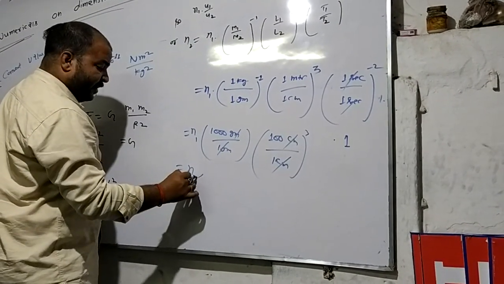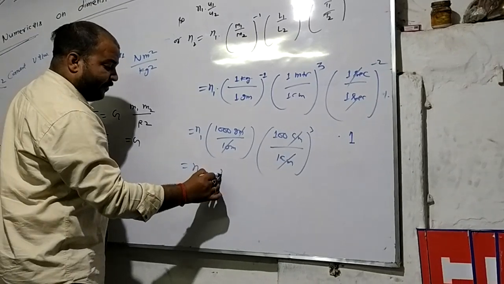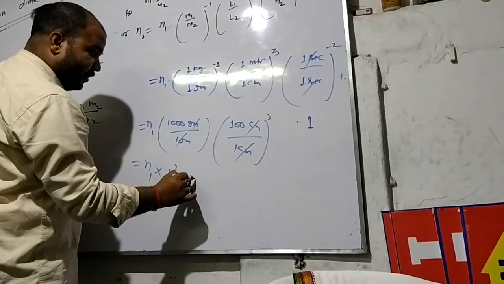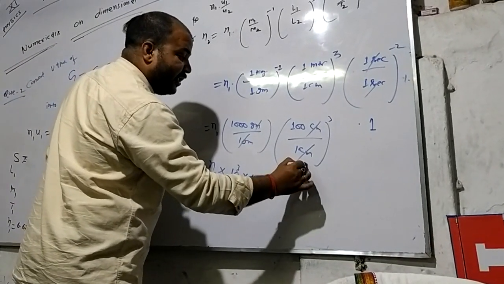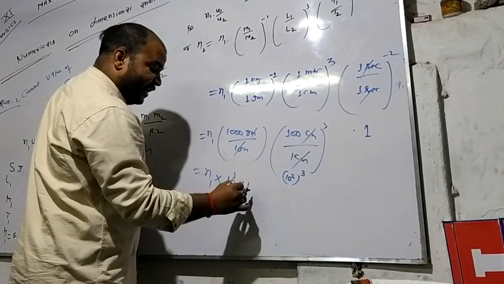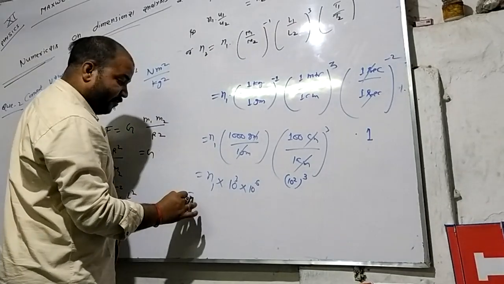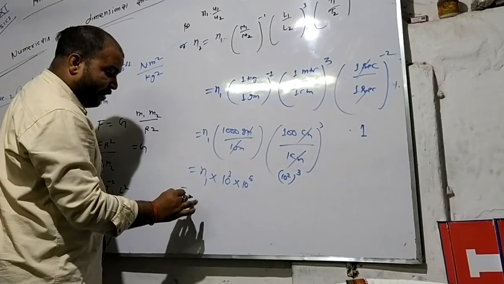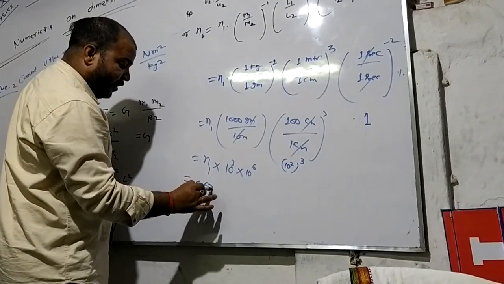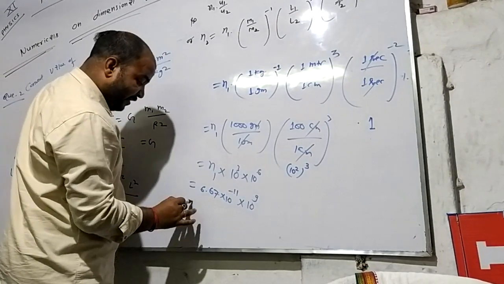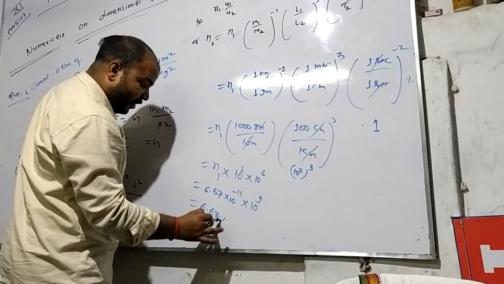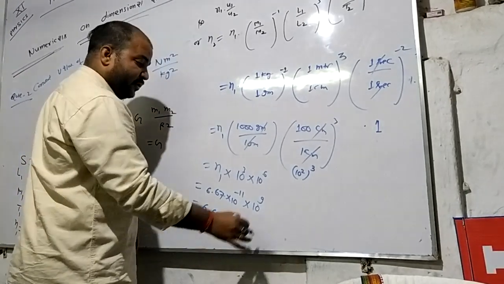Now N1 into 1000, that means 10 power 3 into 10 power 2 power 3. This is 10 power 2 power 3. That means 2 3 are 6, power to the power multiply. So we have 6.67 into 10 power minus 11 into 10 power 9. We can say 6.67 into 10 power minus 2.